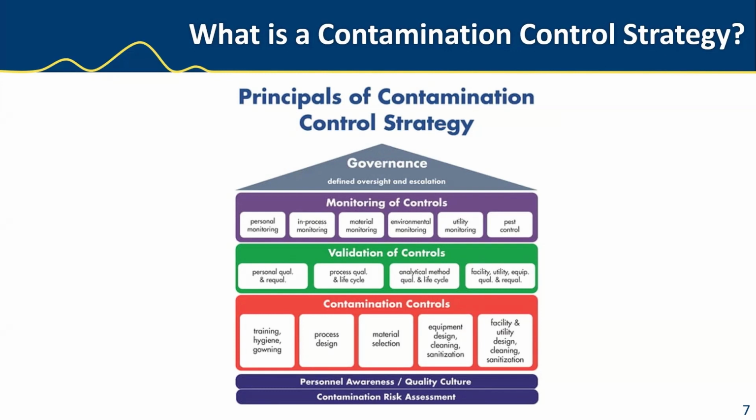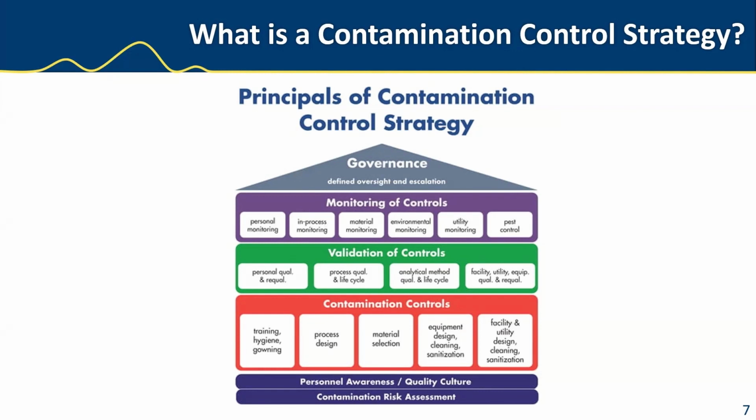The contamination control strategy then talks about the validation of these controls. You want to validate the personnel, to requalify them. You want to validate the processes and the life cycle of those processes. We want to implement analytical methods into the life cycle, and look at the facility equipment and qualification. And then there's also the monitoring of the controls: personnel monitoring, in-process monitoring, monitoring materials, environmental monitoring, utility monitoring, even down to pest control.